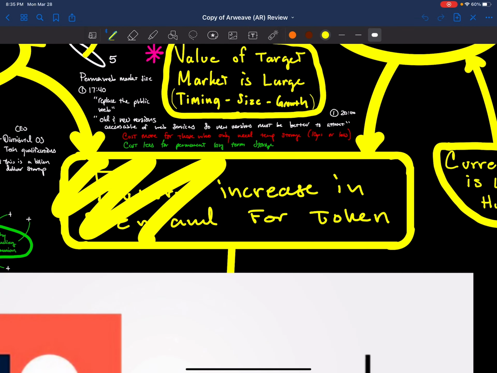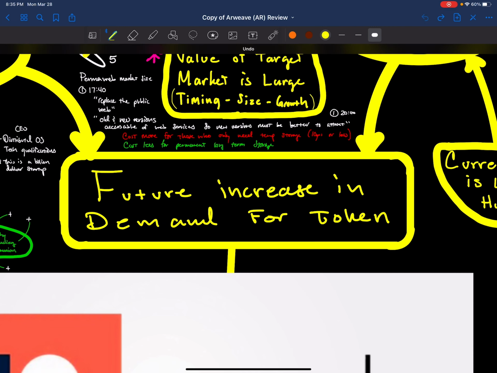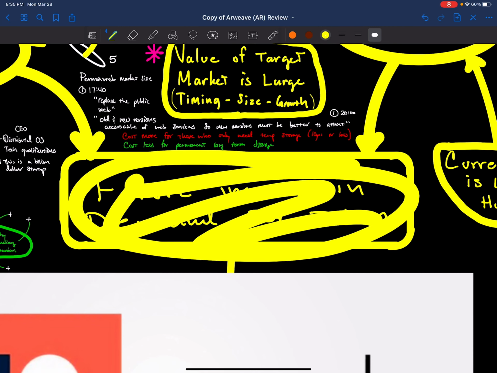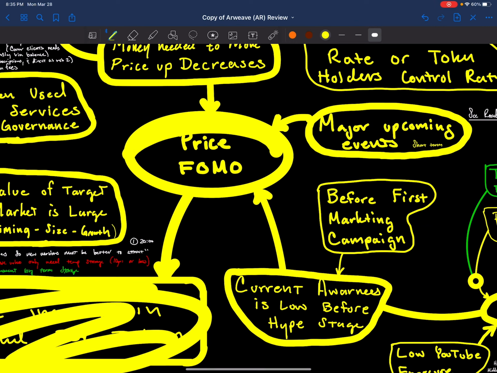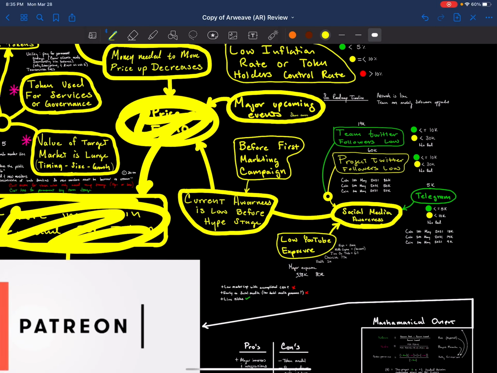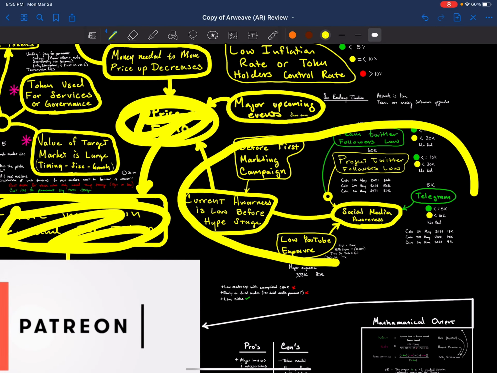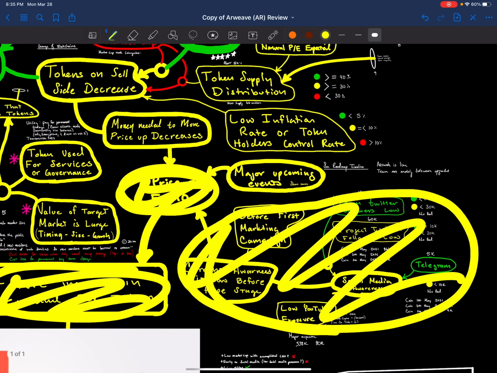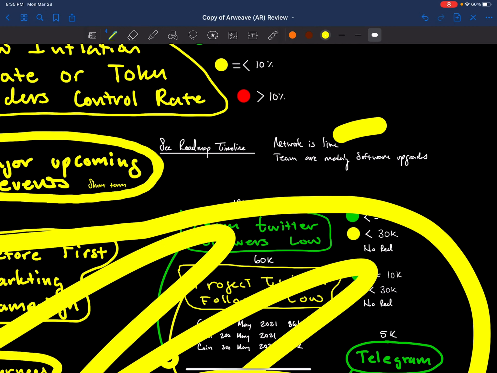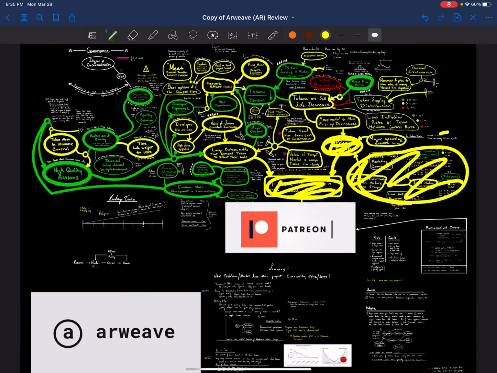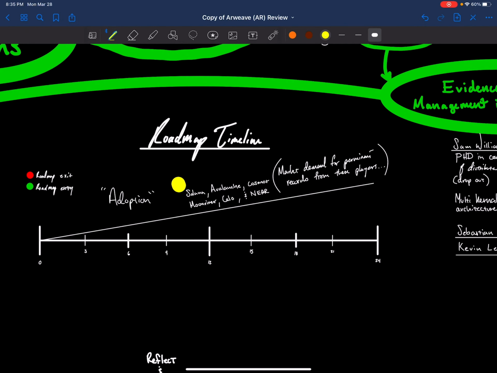The model has a neutral stance on future increase in demand for the token. Price FOMO, neutral stance. Once again, you are not early for social media. Regarding the roadmap, the network is live and the team are making software upgrades. They have clients like Solana, Avalanche, Cosmos, Moonriver, Celo, and Near. The timeline I used is a 2-year timeline.